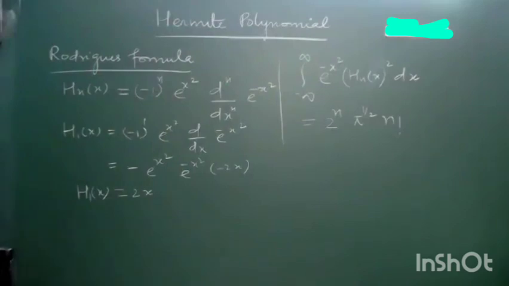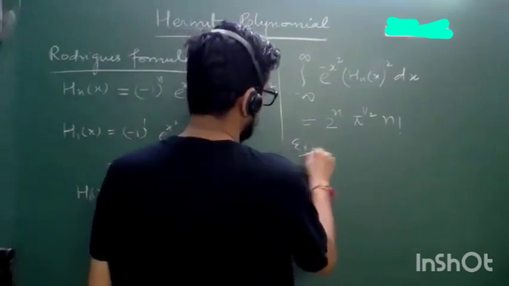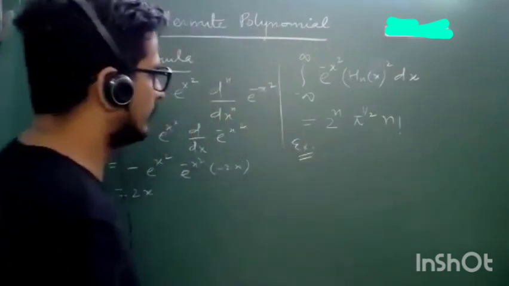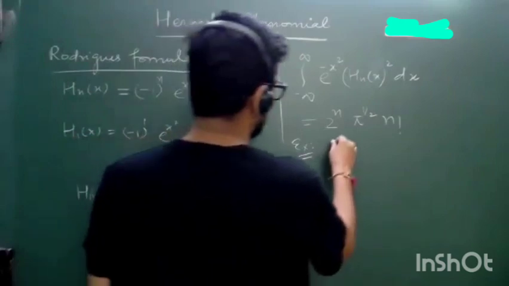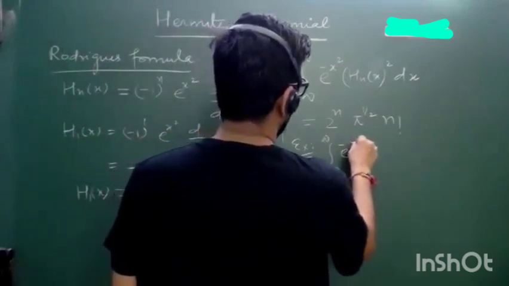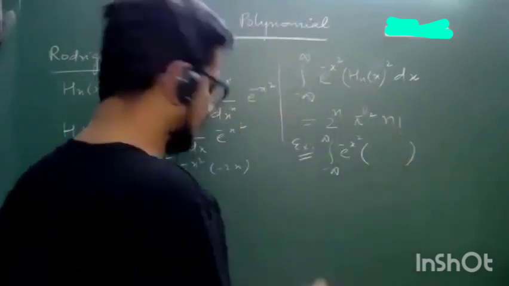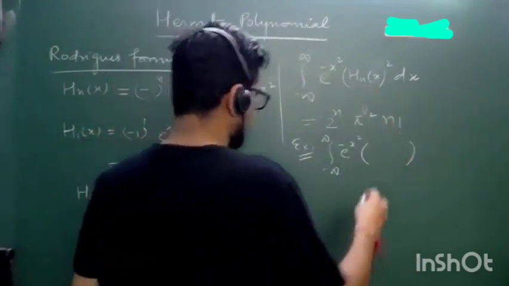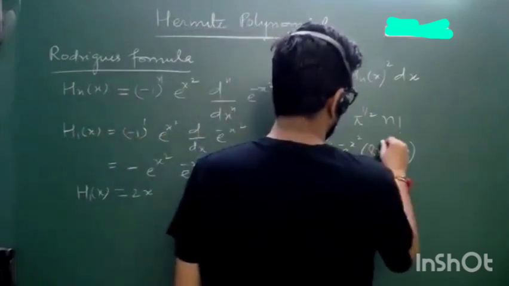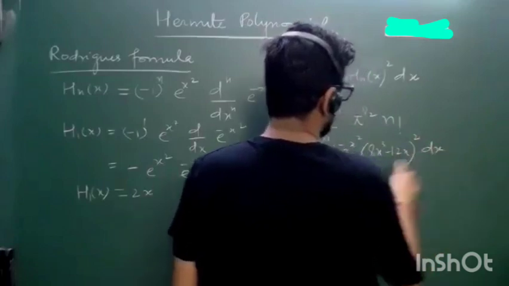Let us take an example to show this. If I write the integral from minus infinity to plus infinity of e^(-x^2), and in place of this I write any polynomial, suppose I write 8x^3 minus 12x, dx. What is this polynomial?